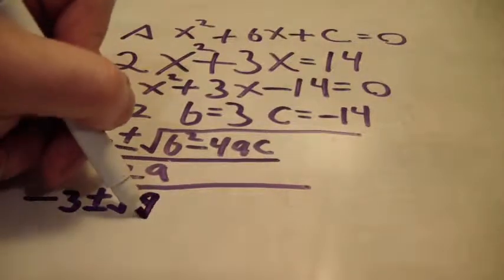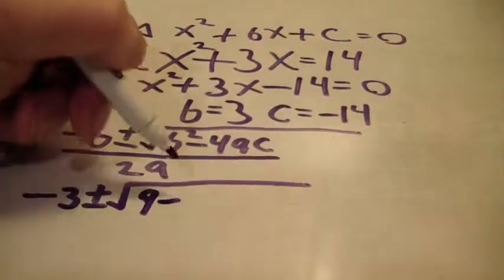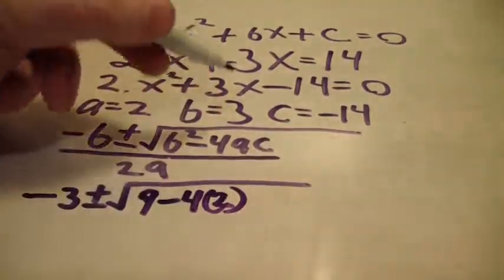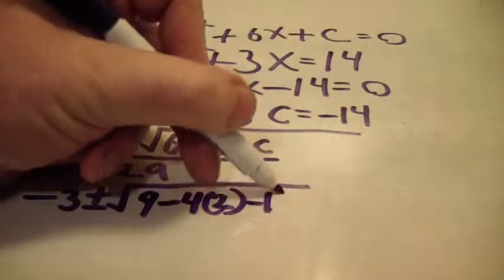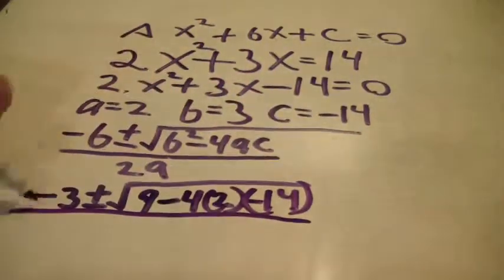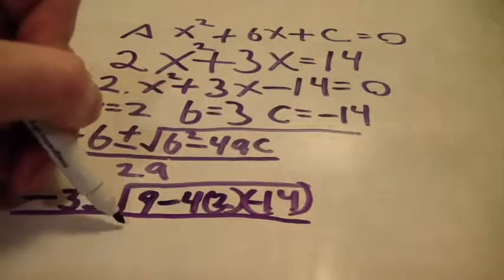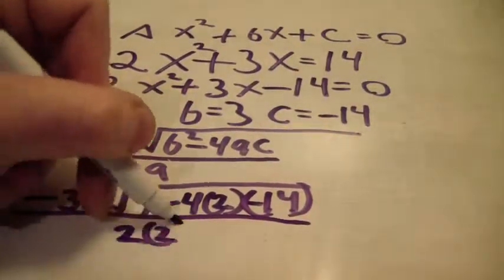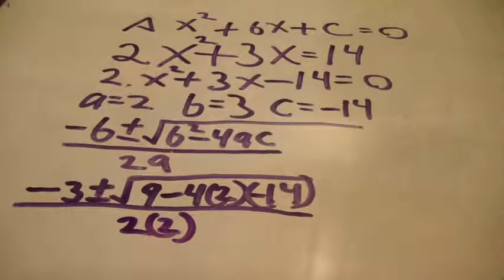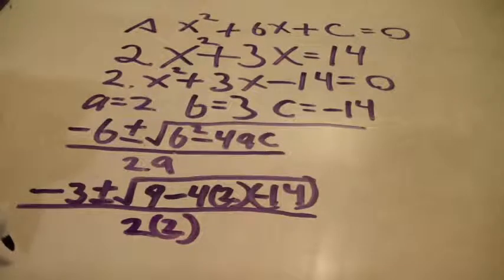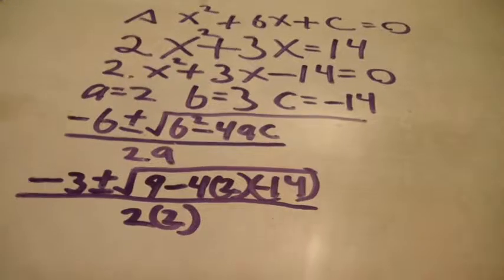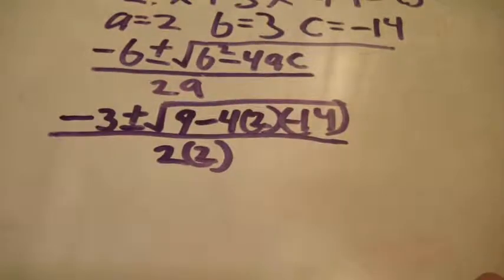Minus 4 times a, which is 2, times c, negative 14, divided by 2a, which is 2. Alright, now let's do the problem. Let's fill in these little problems.